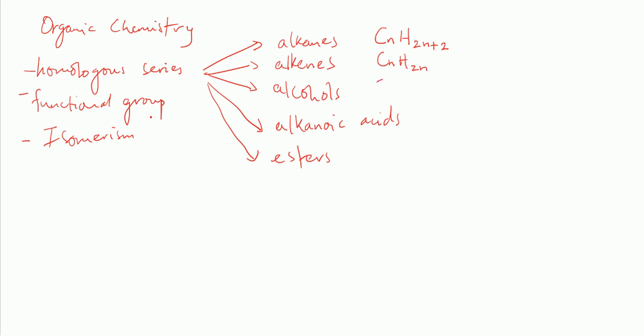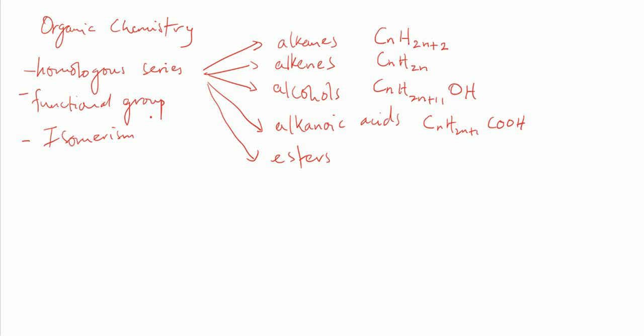An alcohol is CnH2n plus 1 OH, right? An alkanoic acid is CnH2n plus 1 COOH, right?